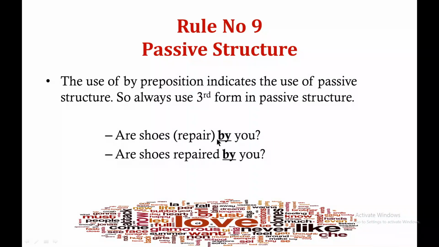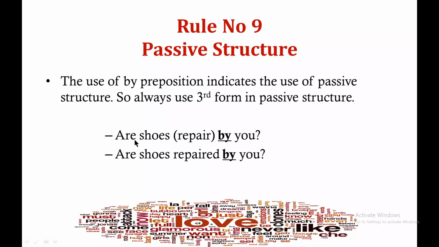So the moment you see there is a word by and it is a preposition, you have to use the passive structure, and passive structure demands third form of the verb. Always third form of the verbs in passive structure. What you need to do, you have to see the sentence, and if you find this word by in your sentence, you have to use third form of the main verb.